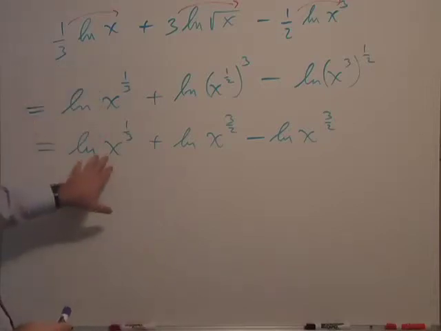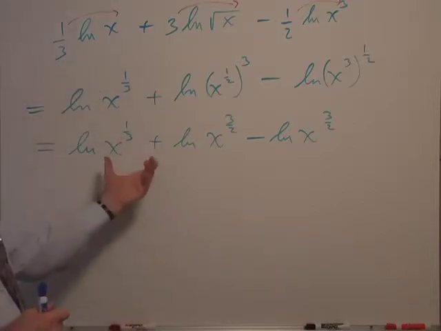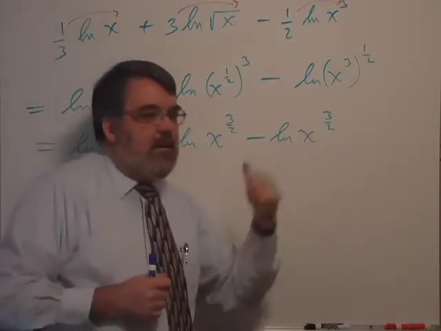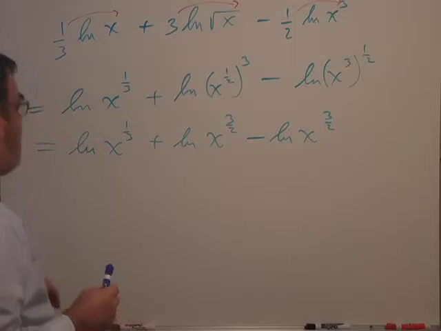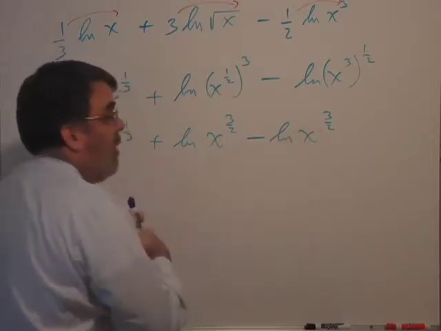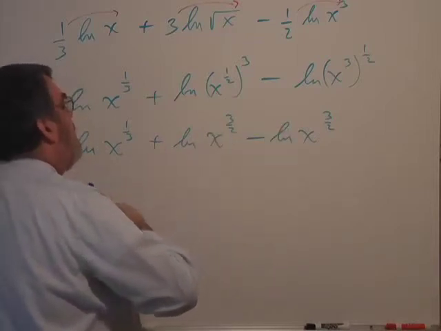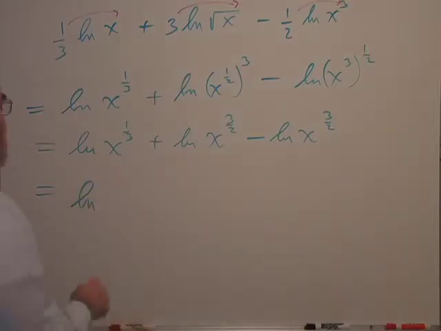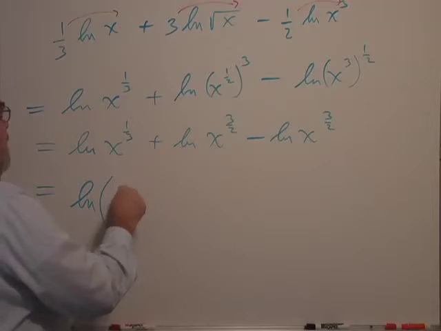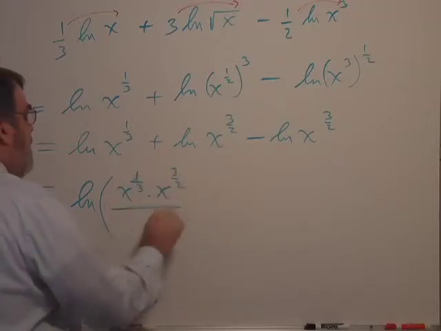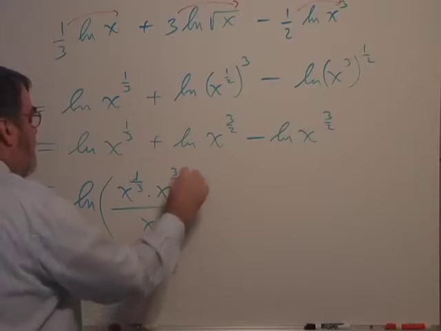Normally we would combine this into a single log where we're multiplying these x's together and dividing by this x. But I see that I've managed to create a problem where these terms simply cancel. Let me write that out. If you use the sum and difference rules of logarithms, this would be x to the 1/3 times x to the 3/2 divided by x to the 3/2.